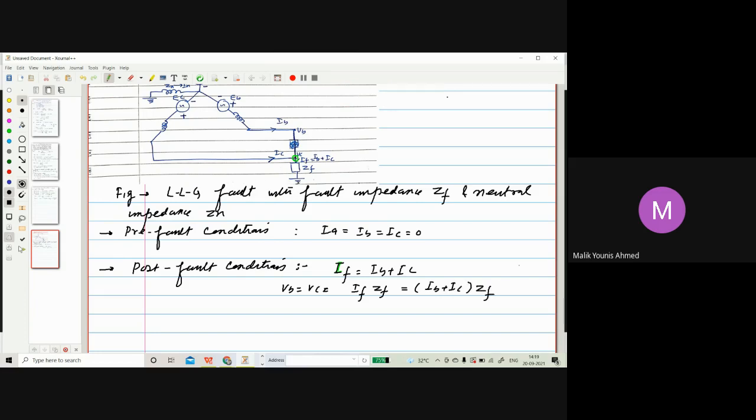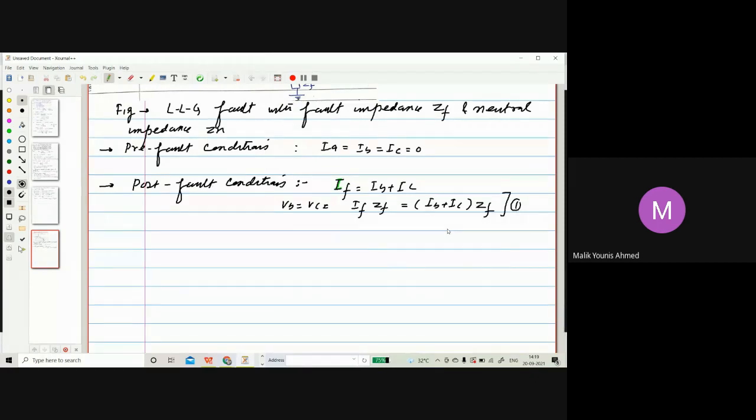So this is equation number 1, very important. If one knows how to find the boundary conditions or these post-fault conditions, it is very easy to derive the rest of the expressions.